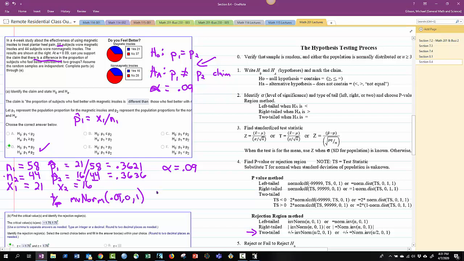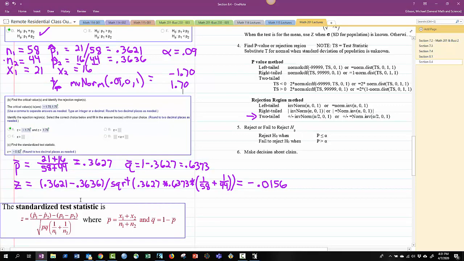So what we get out of that, we're plus and minus, so we're going to have negative 1.70 on the low side and positive 1.70 on the high side. All right. Here's our two-tailed thing, negative 1.7 and positive 1.7.